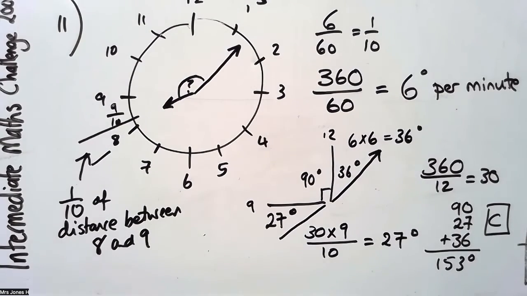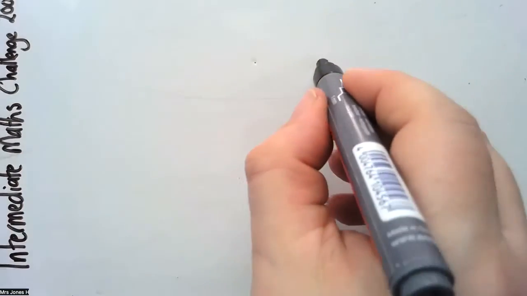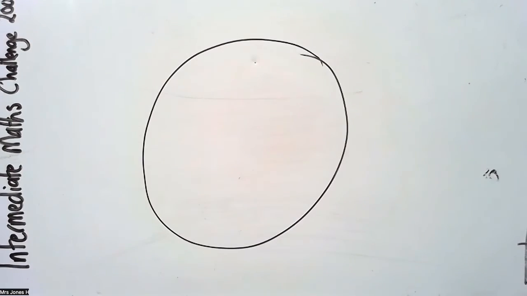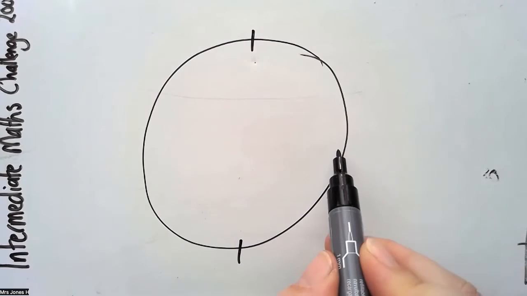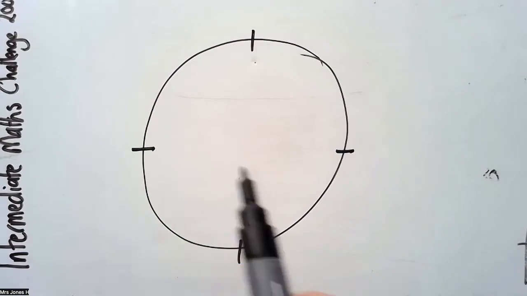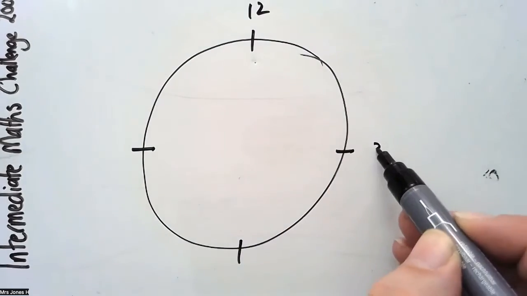If you're interested, this is how I would draw the clock in the first place. It's not a brilliant circle, but it's a good idea to get good at sketching. I draw the 12 and the 6 on, then I draw the 3 and the 9. And then in between here, this is your 12 and this is your 3.